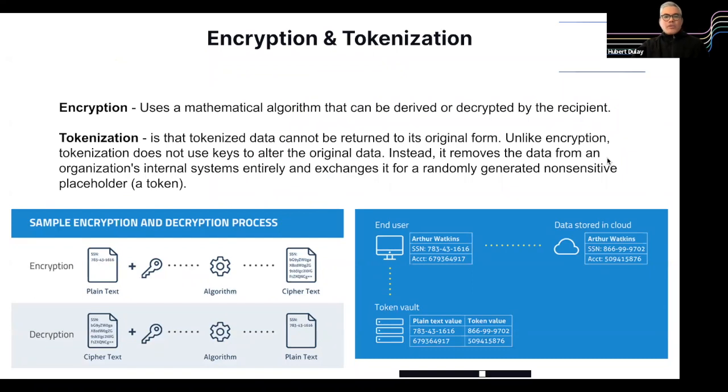So there's also encryption of the data. We just talked a little bit about it with TLS, but there's also tokenization, right? So again, encryption is a mathematical algorithm that could be derived or decrypted by a recipient. What that means is that when we run a mathematical algorithm against some plain text data to encrypt it so that nobody can read it, like a bad actor, it can be derived or decrypted by the end user because they know each other and have those mutual certificates.